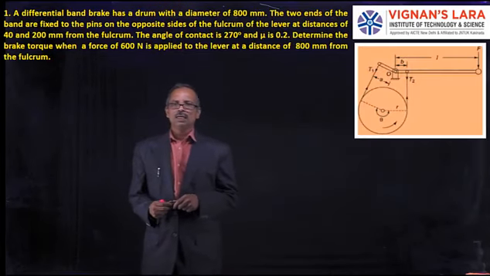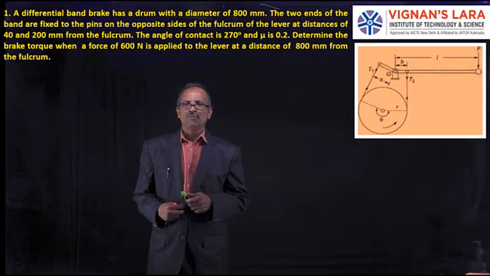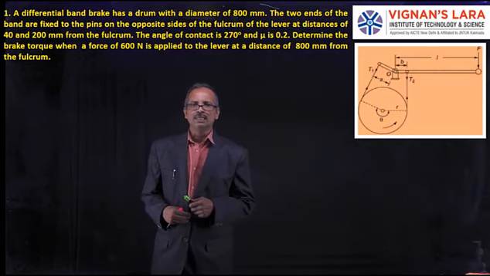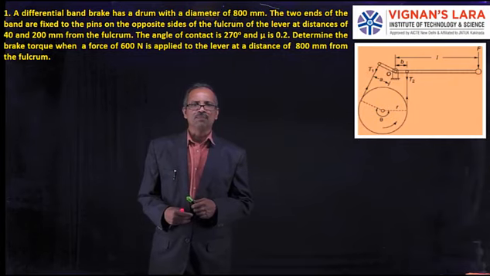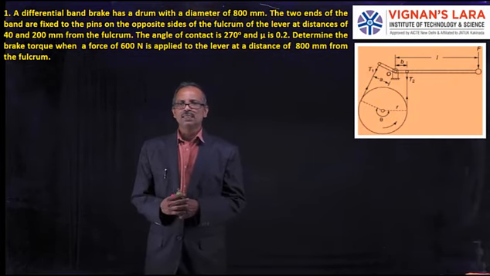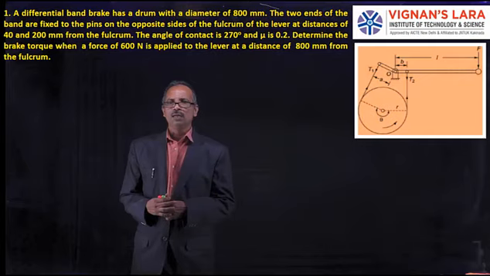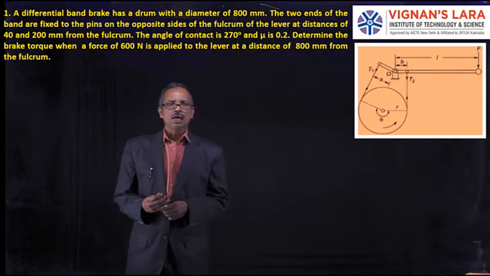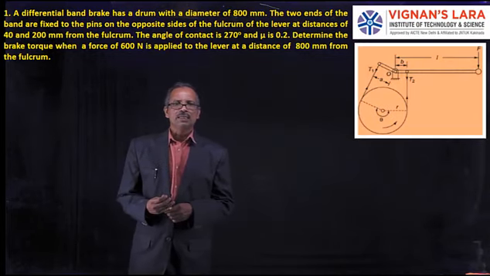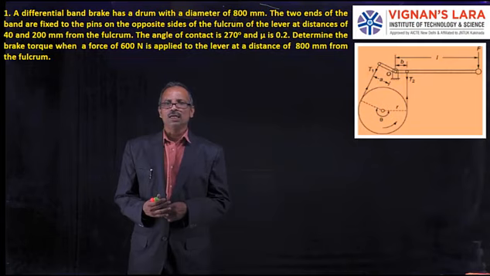The problem is like this. A differential band brake has a drum with a diameter of 800 mm. The two ends of the band are fixed to the pins on the opposite sides of the fulcrum of the lever at distances of 40 and 200 mm from the fulcrum.